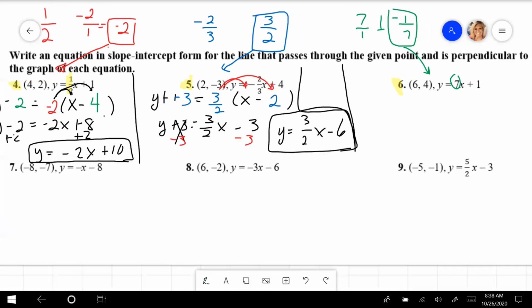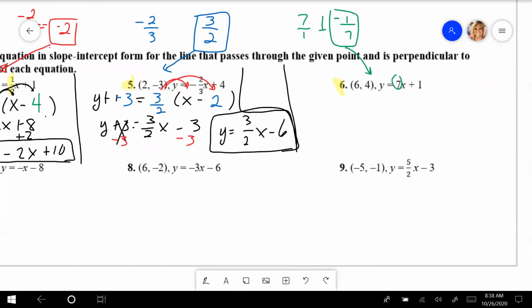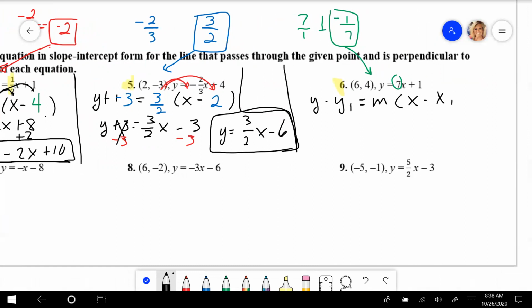Okay, let me move this over a little bit. For number 6, y minus y1 equals m times x minus x1. M, the perpendicular slope, what we have boxed in right here, is -1/7. This equation isn't going to be very nice.